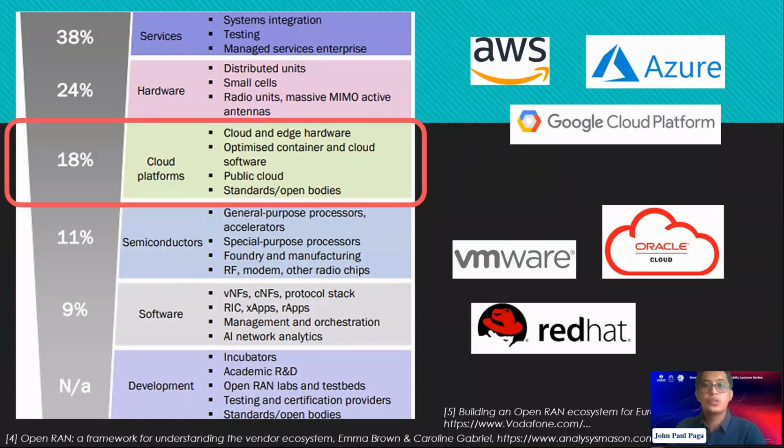Actually, yun yung naging concern, 'di ba, for Huawei kasi kaya hindi rin sila naging part, I guess, of the not 5G but the Open RAN. Okay, they want to retain their technology within them.